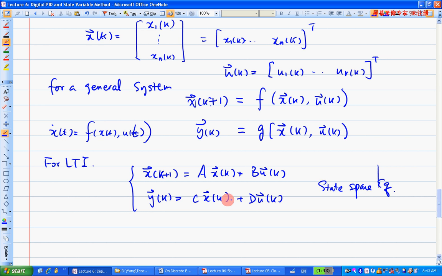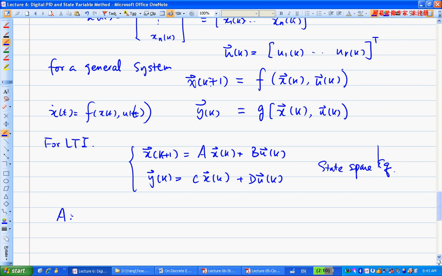Now, what are A, B, C, D here? Those are the so-called system matrices, particularly A and B. A is a matrix, so what's its size?